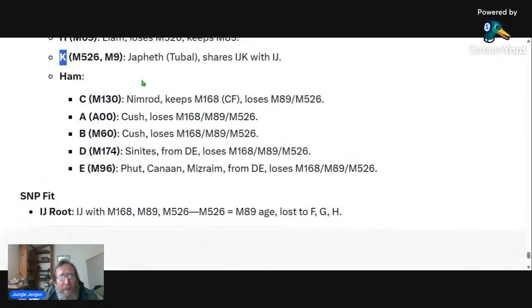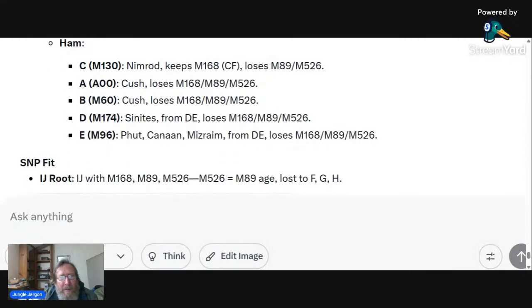Okay, so here's a scenario here. Nimrod C M130 keeps the CF marker. So this is unique only to Nimrod, the M130. And he keeps the CF marker, which is the M168, which everyone shares except for DE and AB.